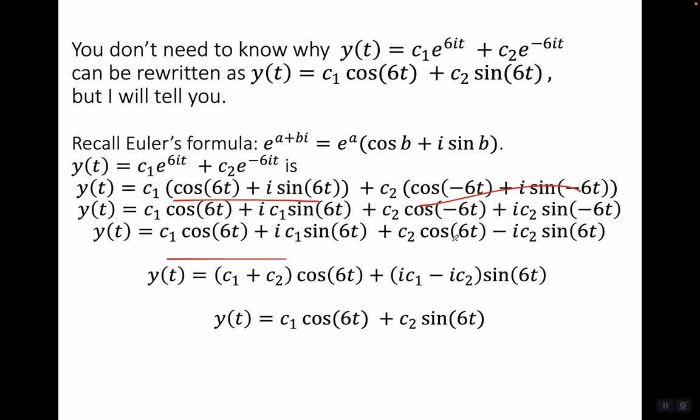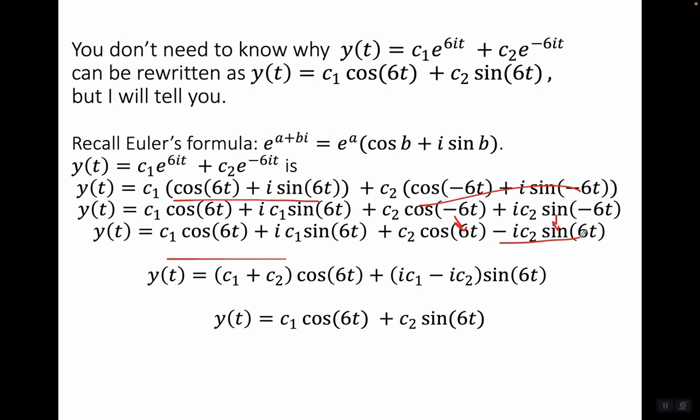What we're doing at this stage is using the fact that cosine of negative 6t is cosine 6t, and sine of negative 6t is negative sine 6t, because sine is an odd function and cosine is an even function. So y of t equals c1 plus c2 times cosine 6t plus i c1 minus i c2 times sine 6t.